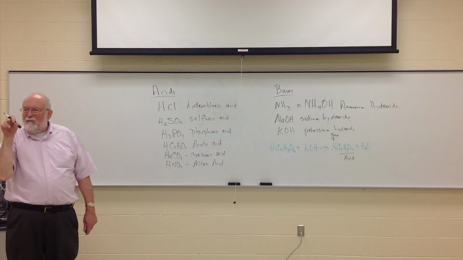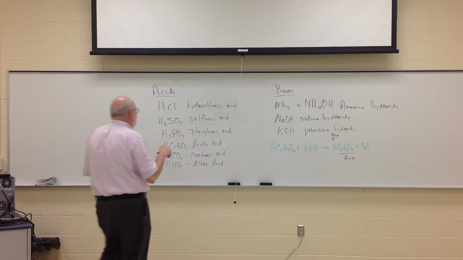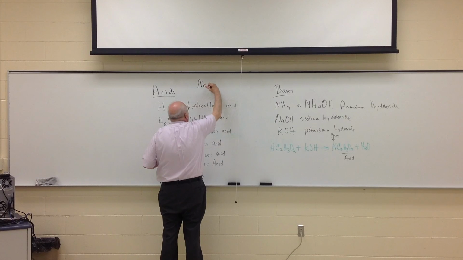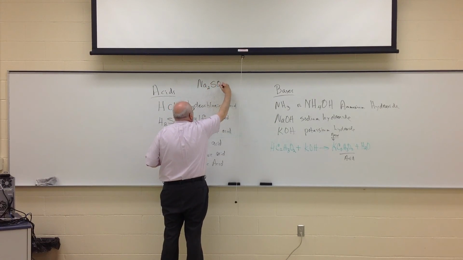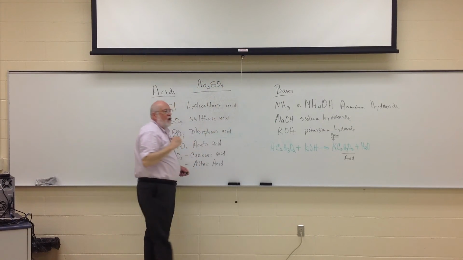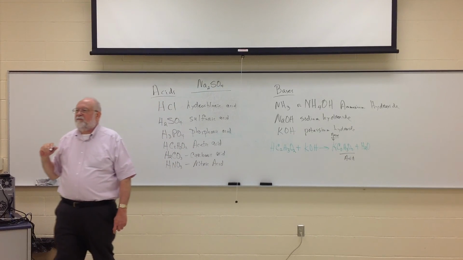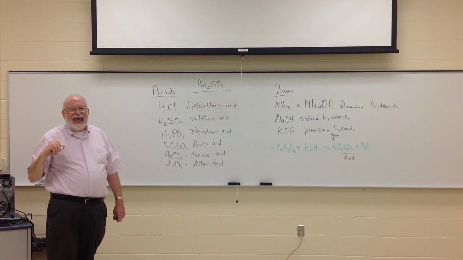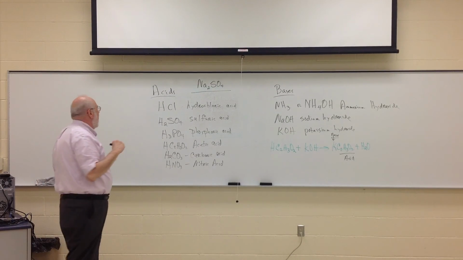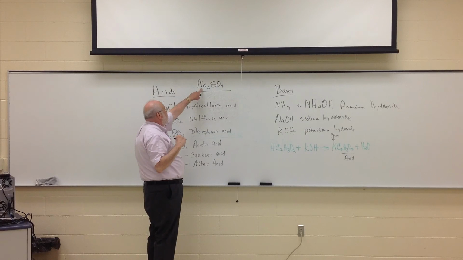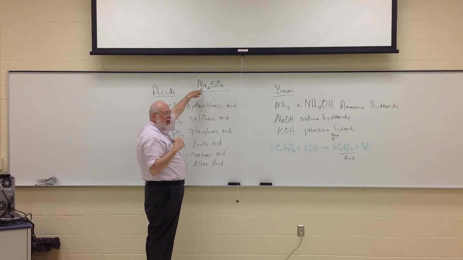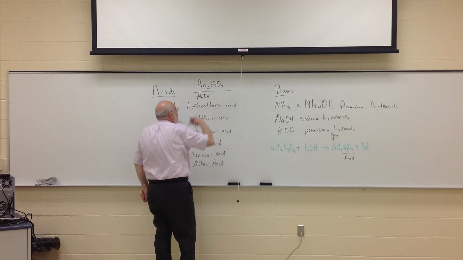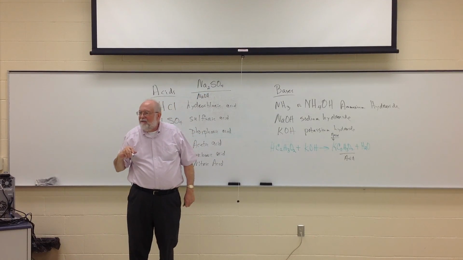Now, one more little wrinkle. I know we're about out of time, but I'm going to do it anyway. Let's suppose I have that salt. What would be the name of that? Sodium sulfate. Now, if that came from the base, what was the base? Well, all you got to do is throw hydroxide on it. We got it done.